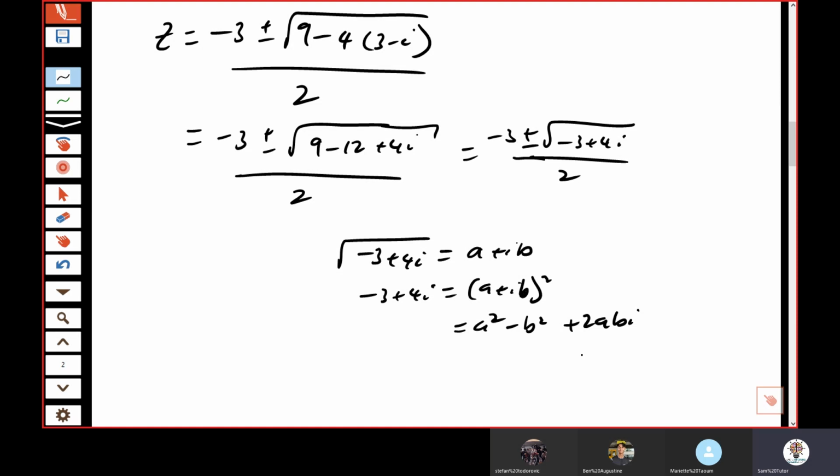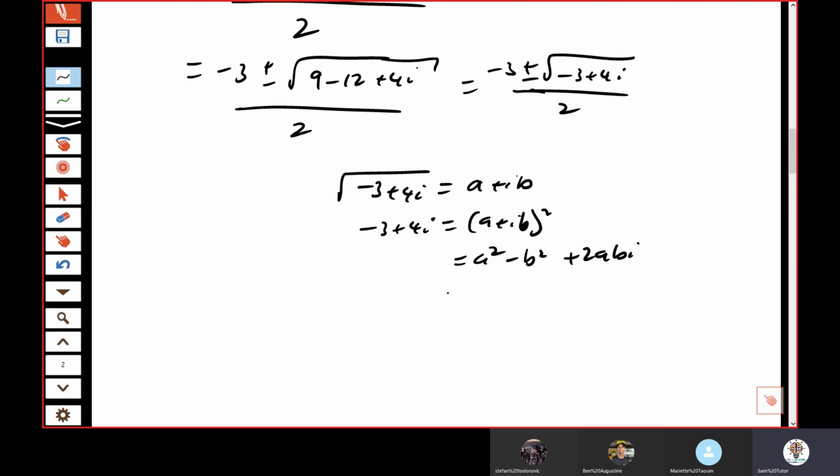Good. Next booklet, if you like. You go find out. Okay, what do we get for A and B here, you guys? A is 2, B is 1.